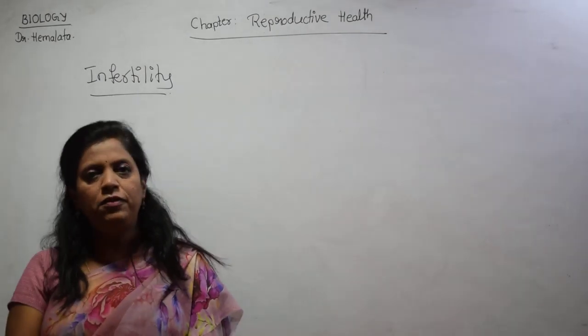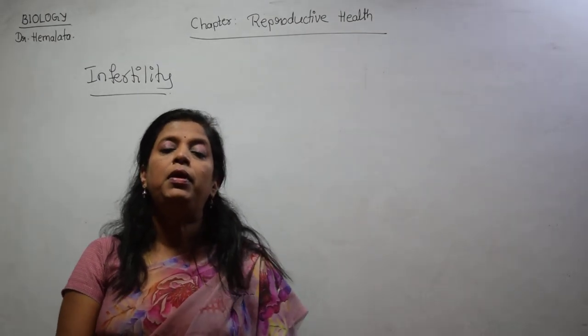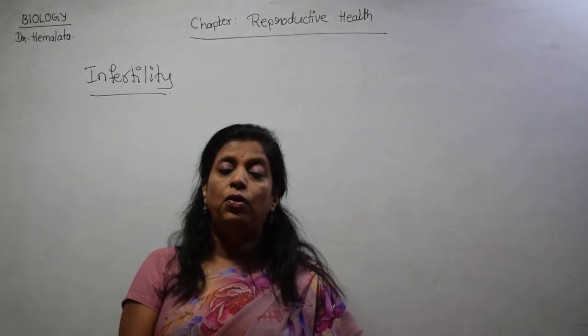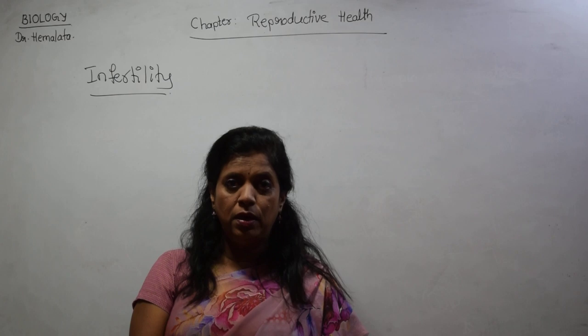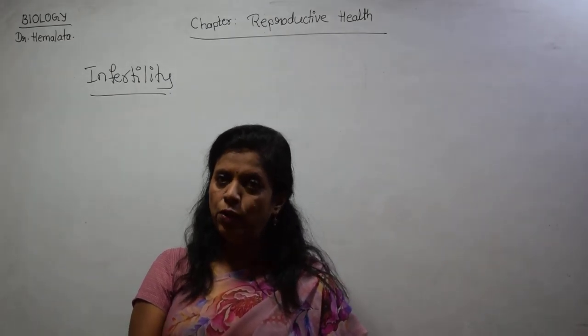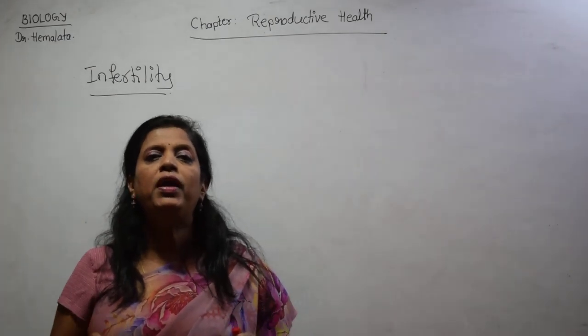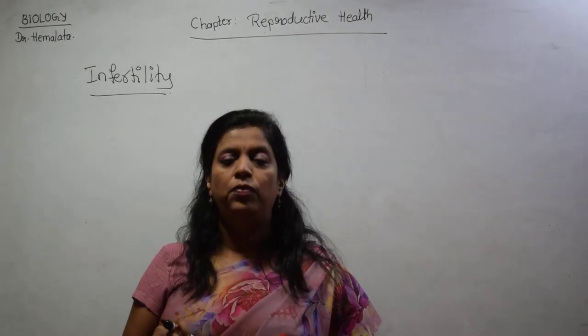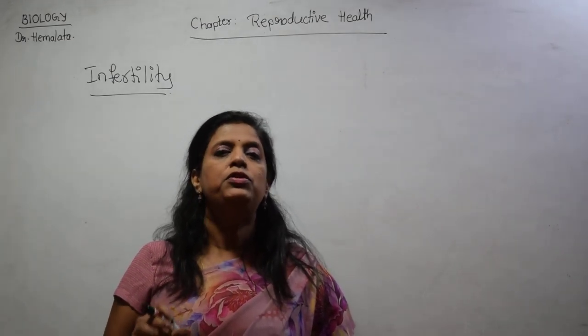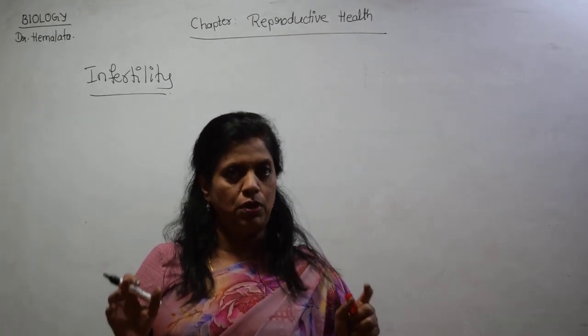What is infertility? It is the inability of a couple to produce a child although they are together with normal sexual intercourse for almost 1 year without using any contraceptive methods. Then they are considered a childless couple, or sterile.